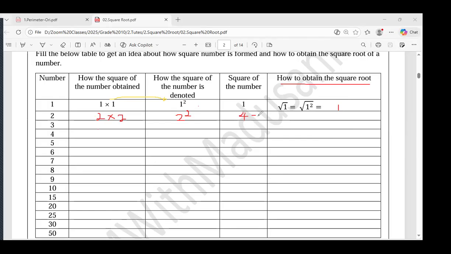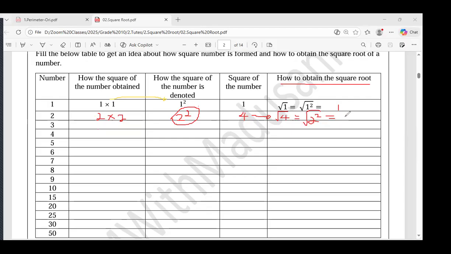Now we are going to obtain the square root of 4. By looking at the previous value, 4 can be written down as 2 to the power 2. Then you take the square root.